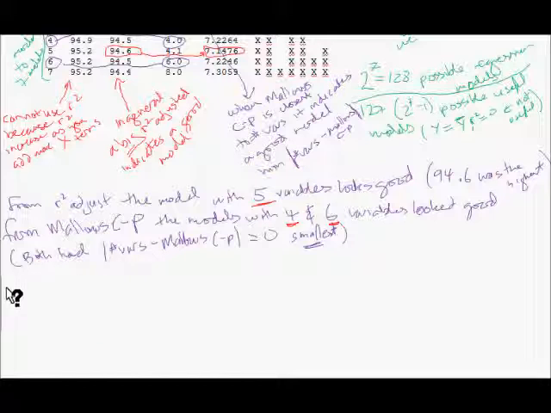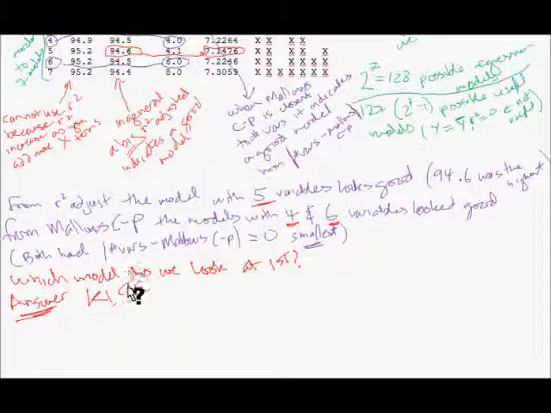So which do we look at first? Well, the answer, what was the overriding principle for regression? Well, the overriding principle is KISS, right? Keep it simple. So the KISS principle tells us when you pick the smallest.